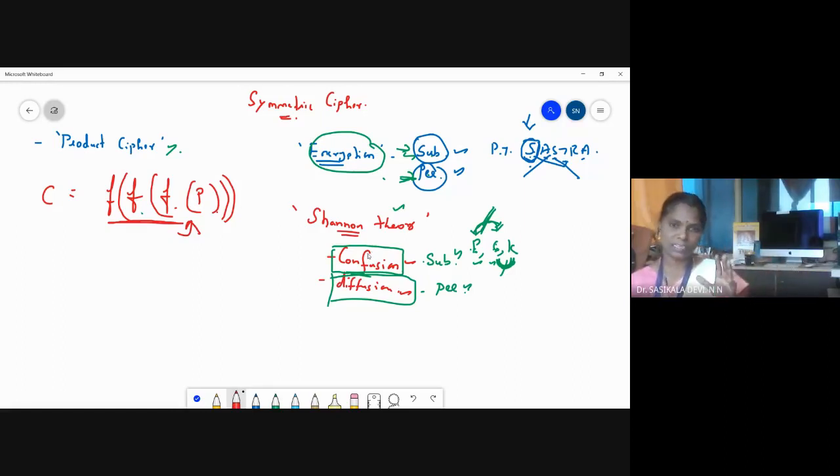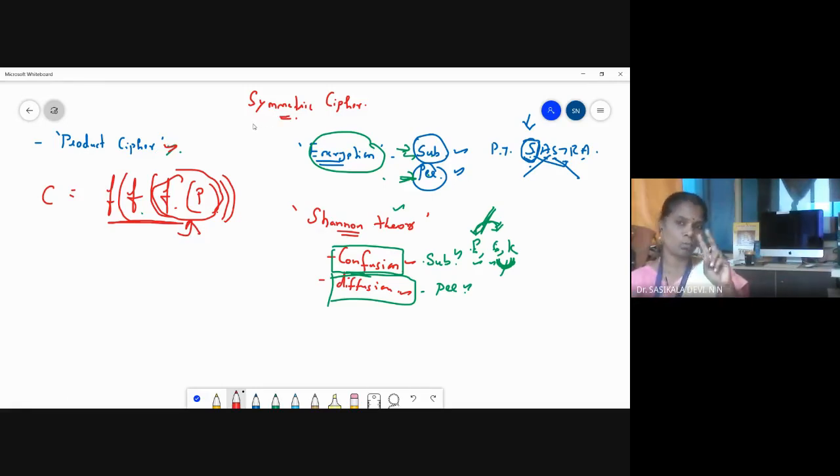The reason is that in order to avoid cryptanalysis or attack against the crypto system, the number of rounds is high, so security strength is high. So product cipher means the same operation, the same transformation, is repeated again and again a number of times. That is a required characteristic for symmetric cipher, not for asymmetric cipher.